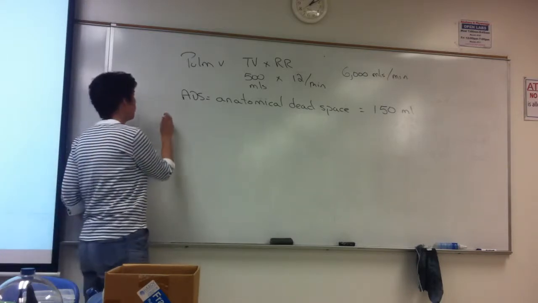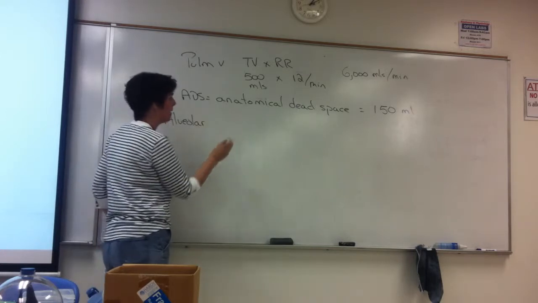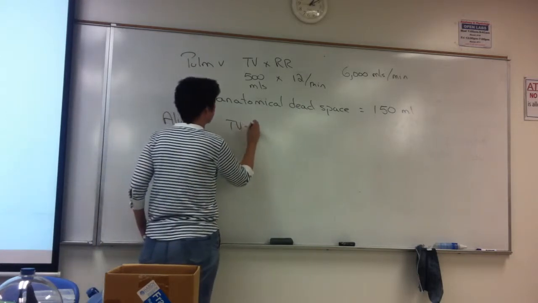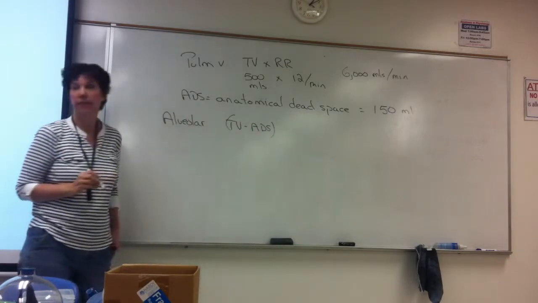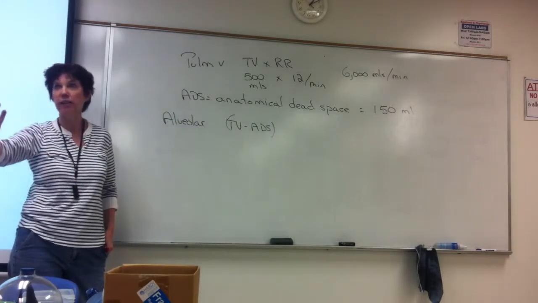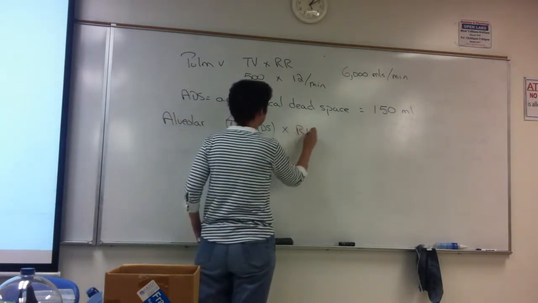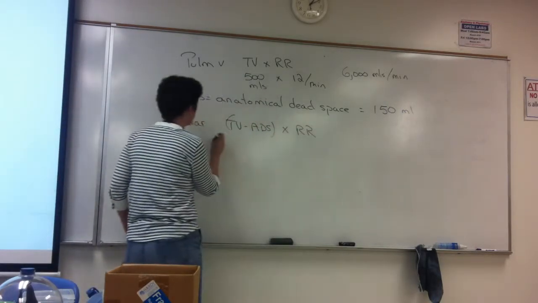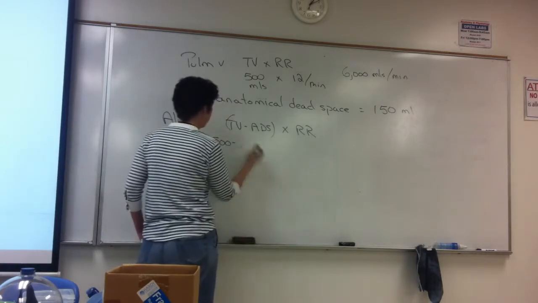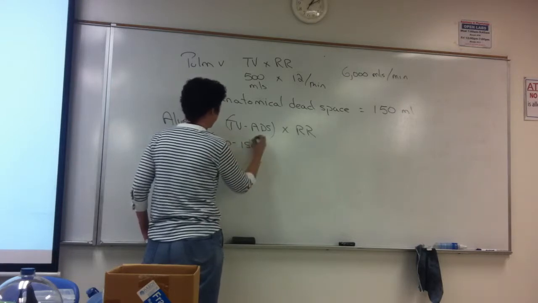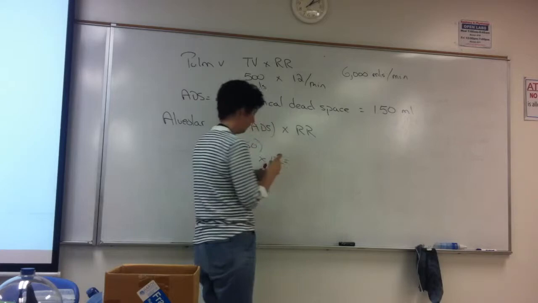So now to get true alveolar ventilation, we need to subtract that anatomical dead space from our tidal volume, because only what's left over is actually reaching gas exchange surface area. So if we take our normal tidal volume minus 150, we get 350 times 12.